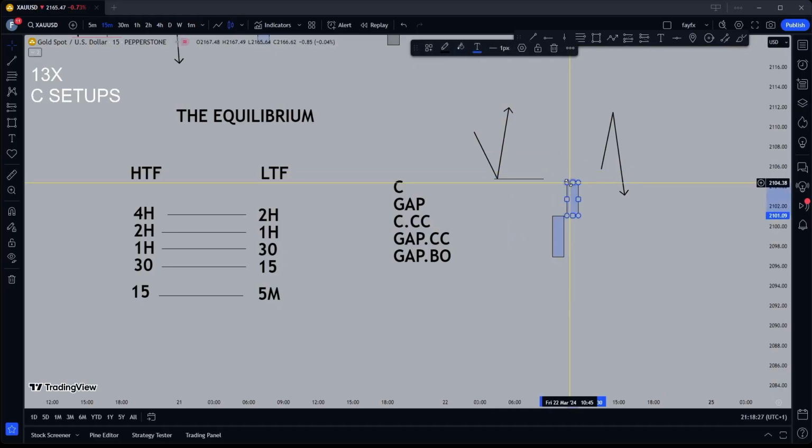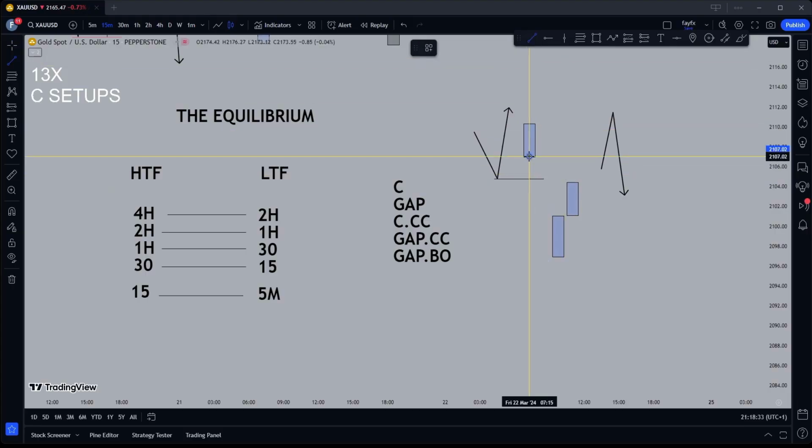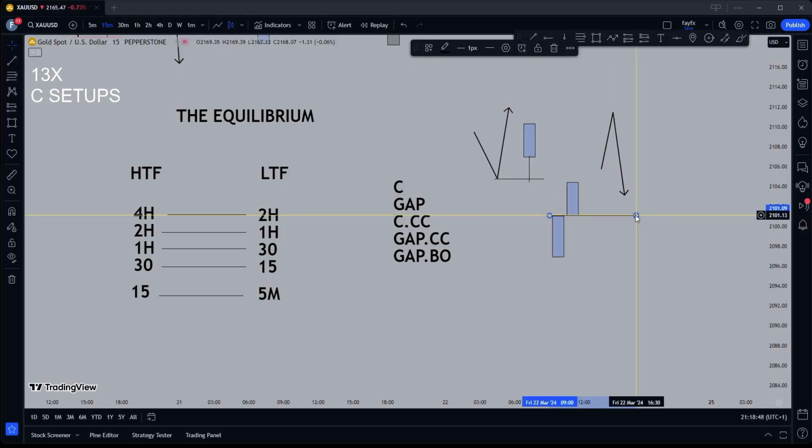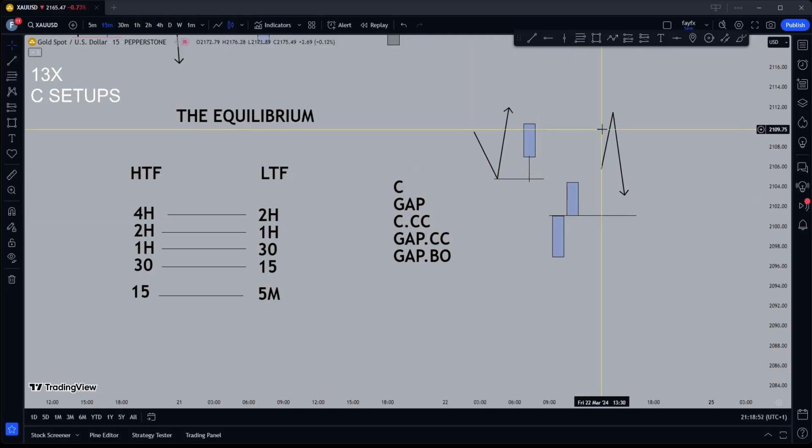You see here, this is a classic CC. We have a classic level, either V or a gap. This is a gap. Classic CC is either A or V with a confirmation candle.